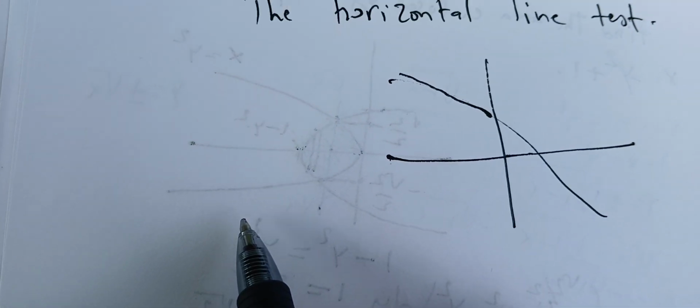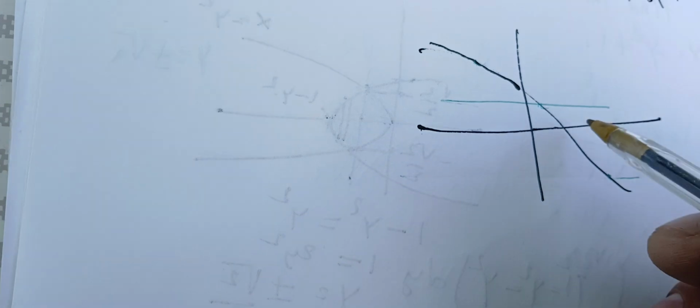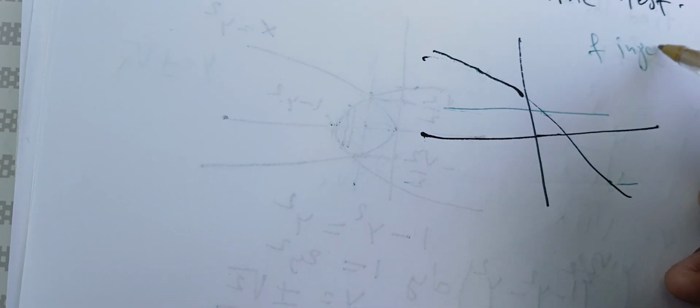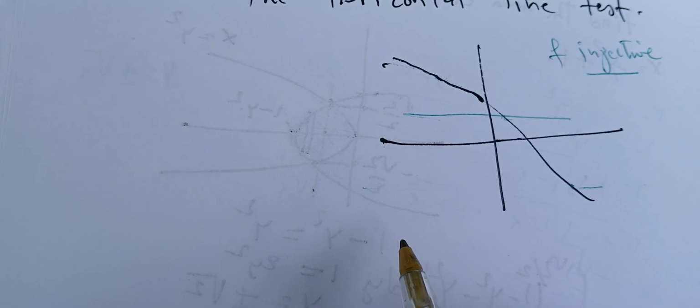If any horizontal line intersects the graph of the function only once, we say that the function satisfies the horizontal line test, or we can say that f is injective. That means we can't cross this function more than one time.